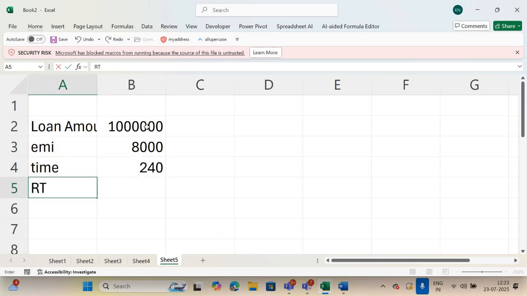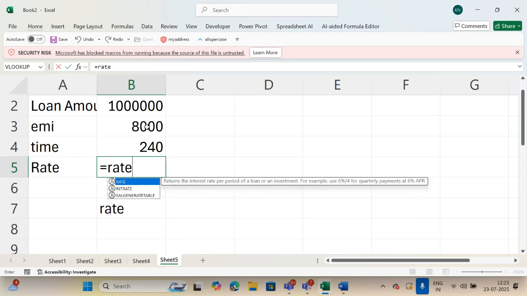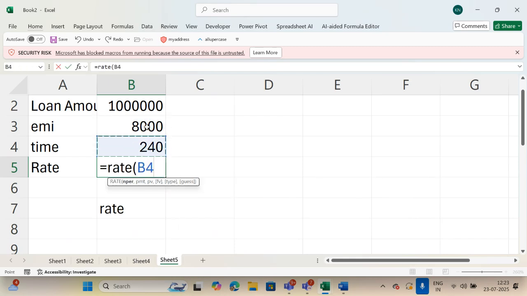Now I want to know at what interest rate I should take the loan. There is a function, the RATE function. So, equal to RATE, NPER is 240. Then PV is the present value, this, comma, and this is your PMT, and this should be with a minus sign.